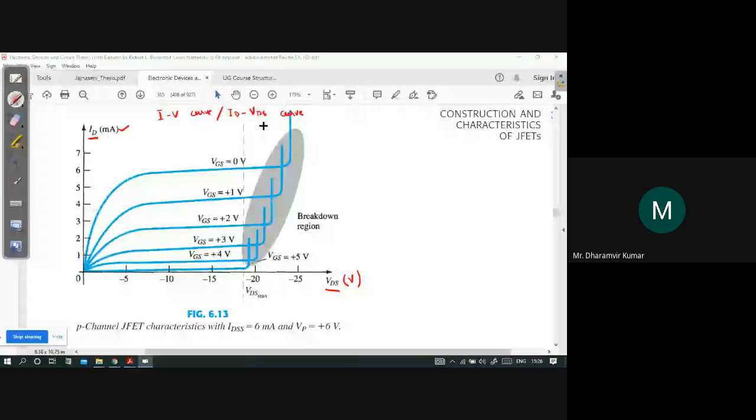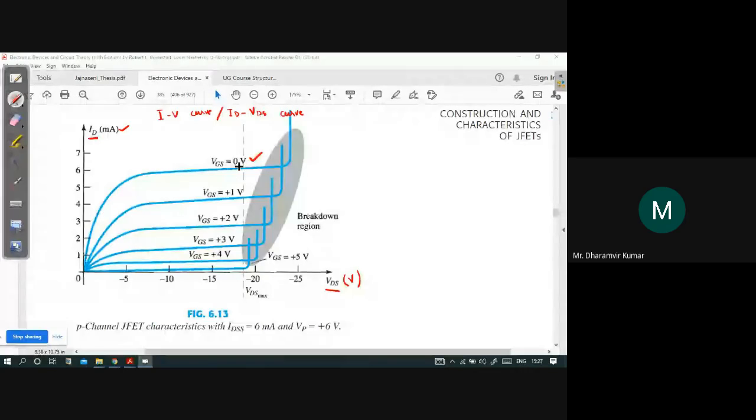So basically, the independent parameter is this VDS, and the dependent parameter is this ID, the drain current. And as we change the value of VDS, the value of ID also changes. And it is in the same fashion that it went for N-channel JFET. So let's take this example, when VGS is 0 voltage. Then again let's look here that the current increases rapidly in the starting, and after reaching a certain maximum value, let's suppose here, it starts to saturate.